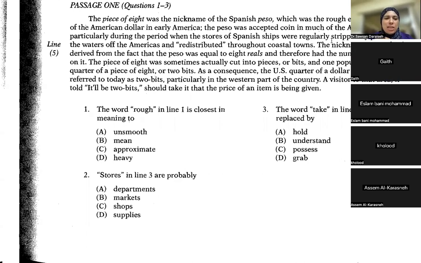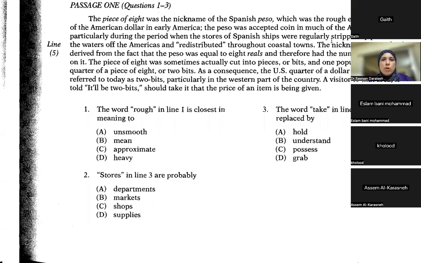In every ship there's a store, a place for storing things, or maybe even storing money. So they were stripped, meaning pirates would come and steal the things that were inside those stores. They store money, maybe supplies, expensive things. Yes. So what did you say the answer was?